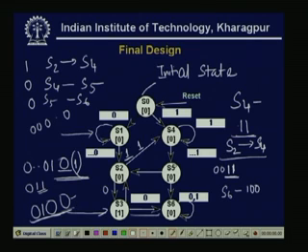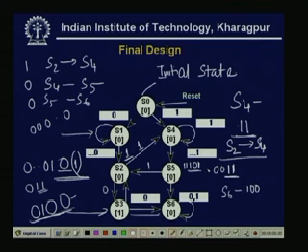Now, if in state S5 a 1 has come. See, S4 means any number of 1s, and now it is a 0. So if a 1 comes, then it is a 101 state.